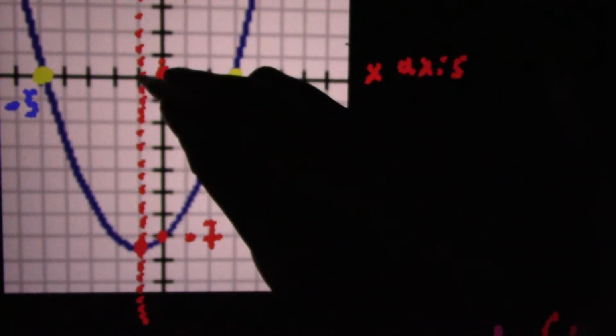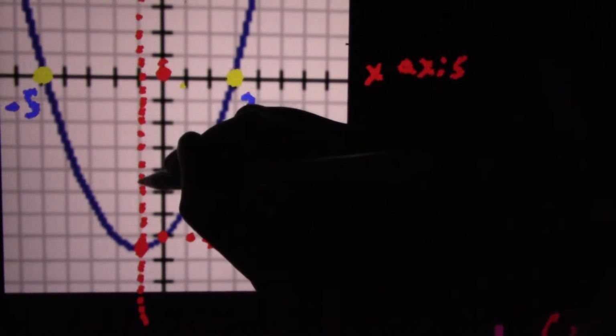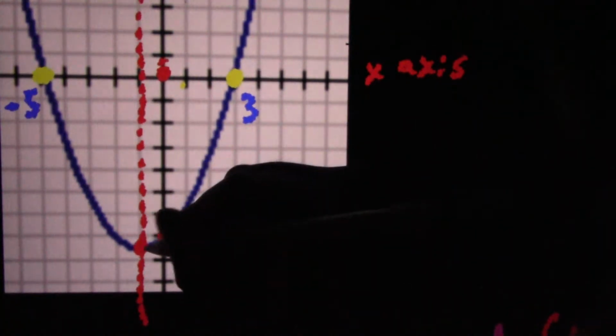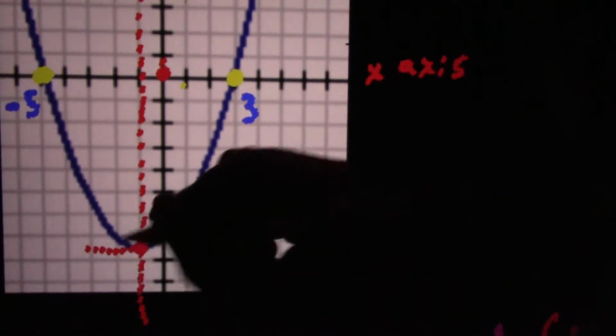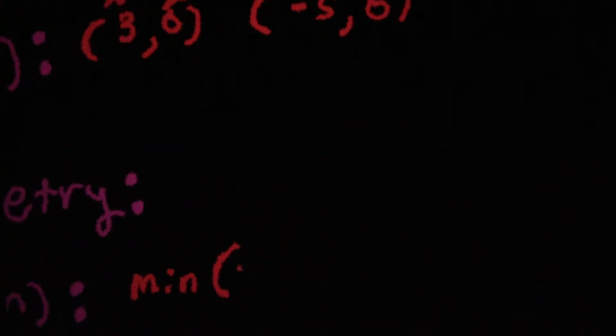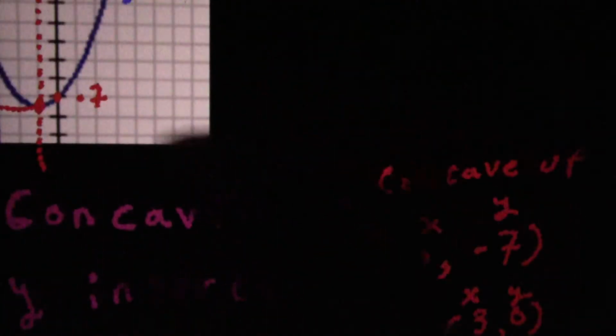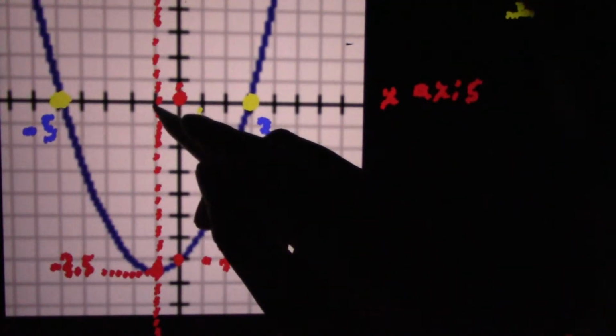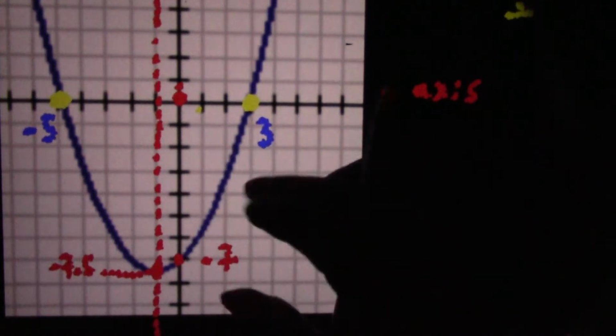It's going to be at -1, and then we're going to go down 1, 2, 3, 4, 5, 6, 7, so -7.5. This one's a bad example. So -1, -7.5, x and then y. Our minimum is at -1, going down 7.5.